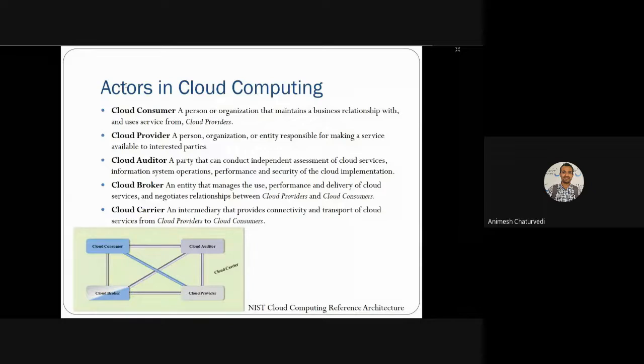The cloud provider provides some service of interest to the cloud consumer. So cloud providers are basically a person, organization, or entity responsible for providing some service to the user or consumer or interested party. What is the cloud consumer afterwards?